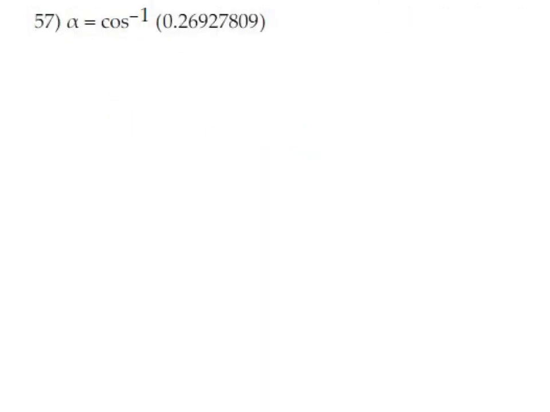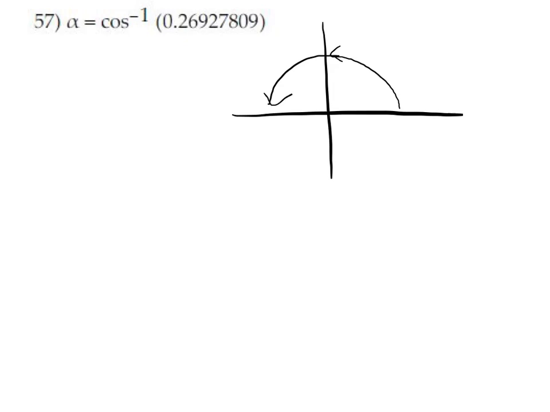Find alpha to the nearest tenth of a degree where alpha equals arc cosine 0.2692789. Now arc cosine is a function, so this one input will only give us one output. To understand where arc cosine might give us an answer, arc cosine either lives in quadrant 1 or quadrant 2.